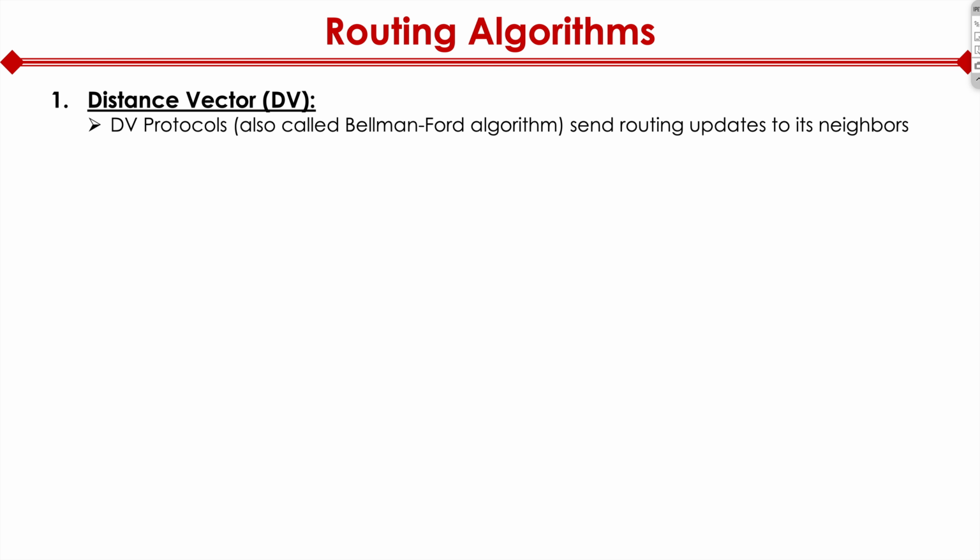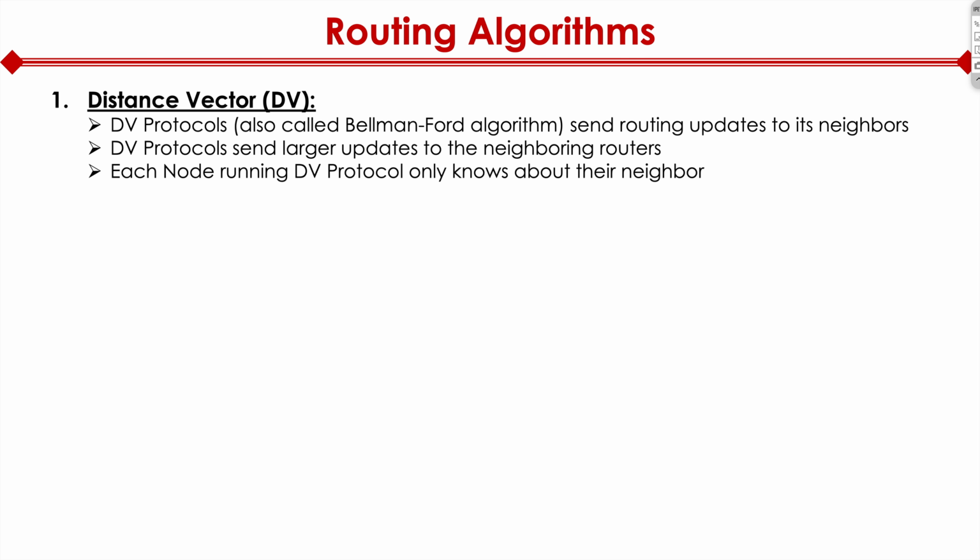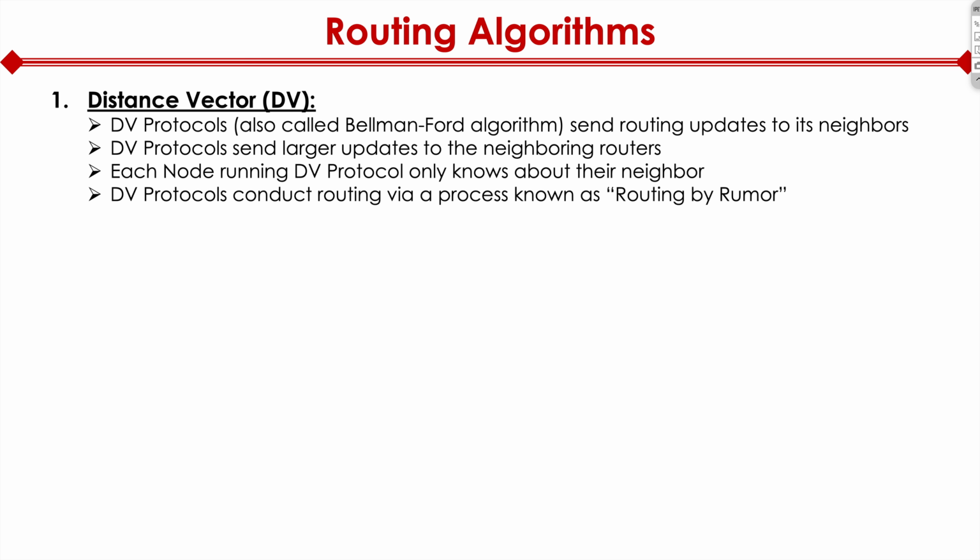First, distance vector. Distance vector protocols are also called Bellman-Ford algorithm, named after their inventors. They send routing updates to their neighbors. Distance vector protocols send large updates to the neighboring routers. Each node running distance vector protocol only knows about its neighbor. Distance vector protocols conduct routing by a process called routing by rumor.